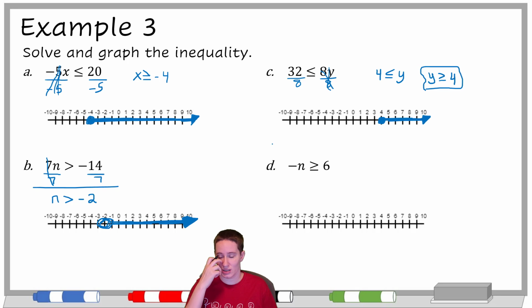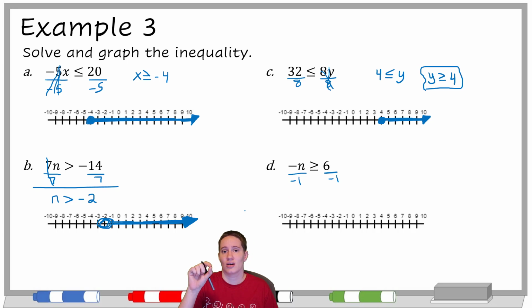All right, this last one, D. I have -n is greater than or equal to 6. So the idea here is n is almost by itself, but has a negative. You can think of how to do this in a couple different ways. I usually think of it like I'm dividing by -1, because that's going to switch the sign. You could also think about it like you're multiplying by -1.